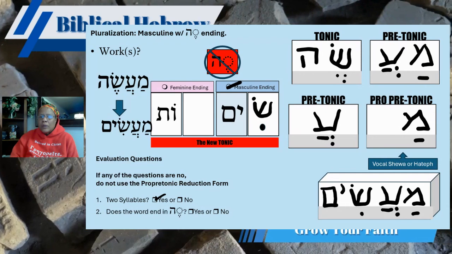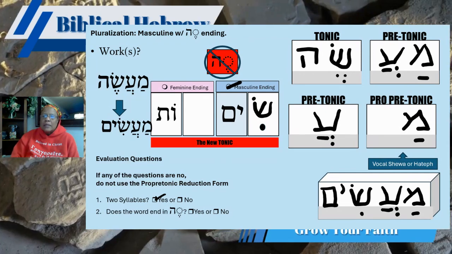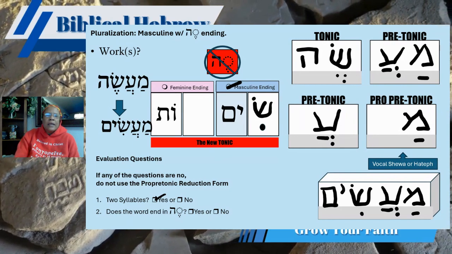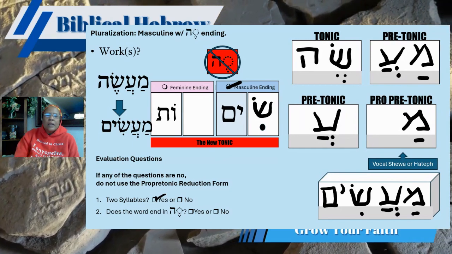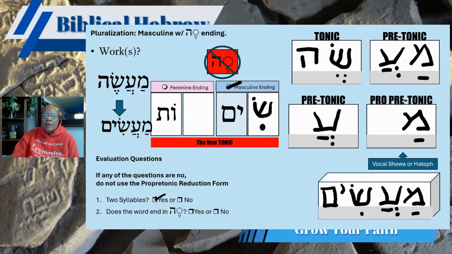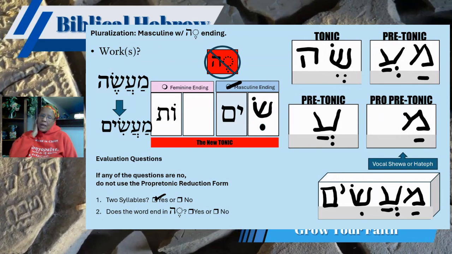Okay, we're gonna rewrite it. And notice that the hey dropped out. Notice that the hey dropped, the A dropped out. Talking about here and here. Okay, so notice that it dropped out.